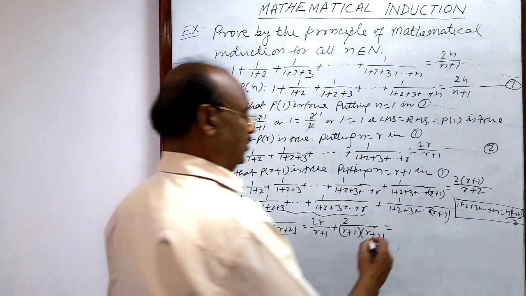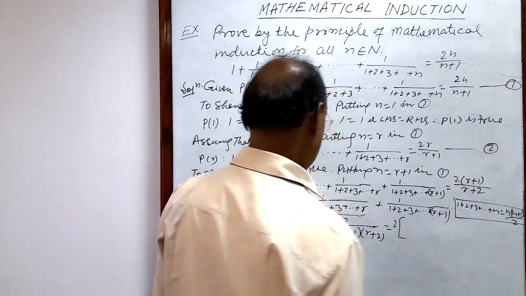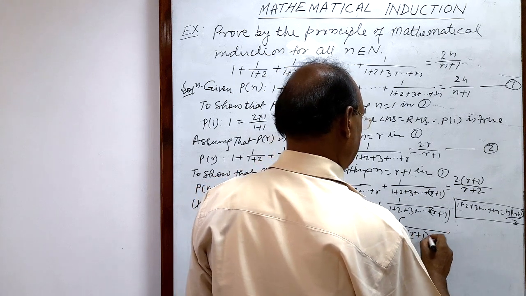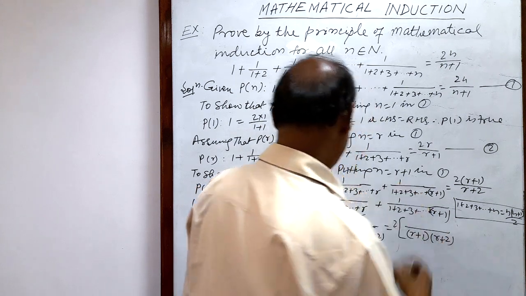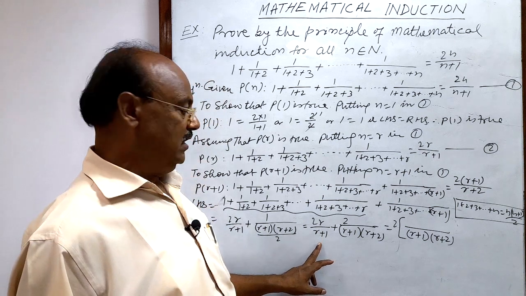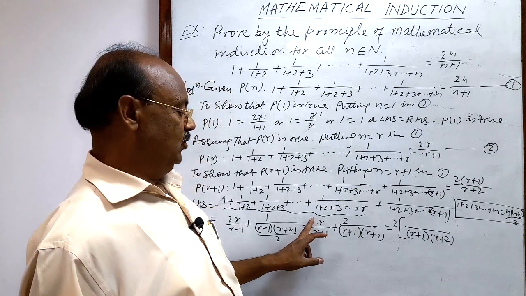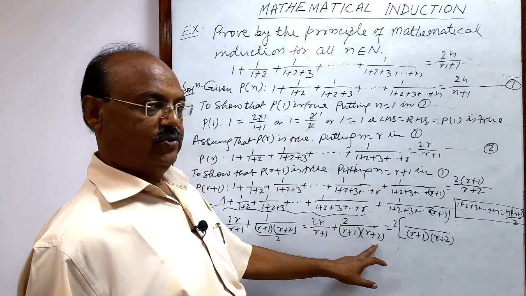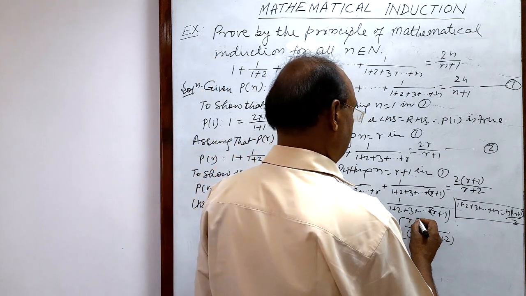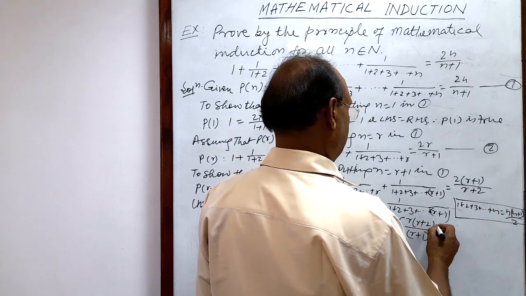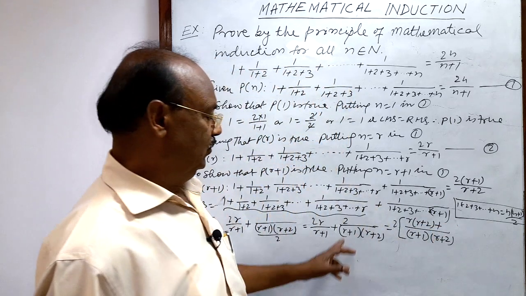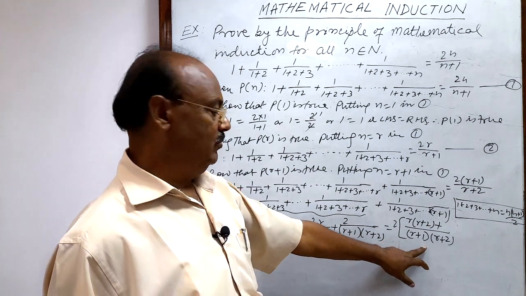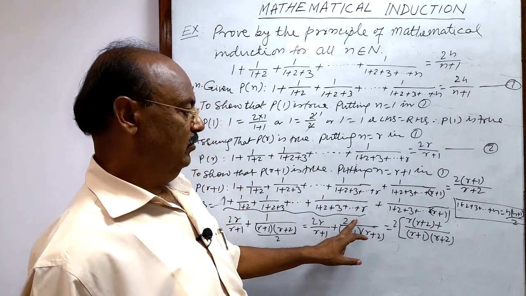So 2 into, here the LCM is r plus 1 into r plus 2. Here the denominator is r plus 1, so we have to multiply by r plus 2. So r into r plus 2, and plus 2 is already common. This denominator is the same as the LCM, so here we will get 1.